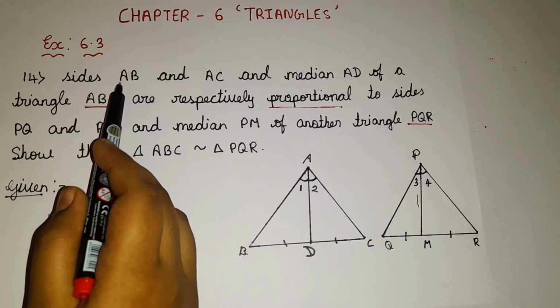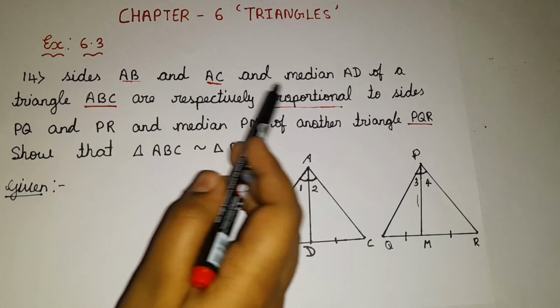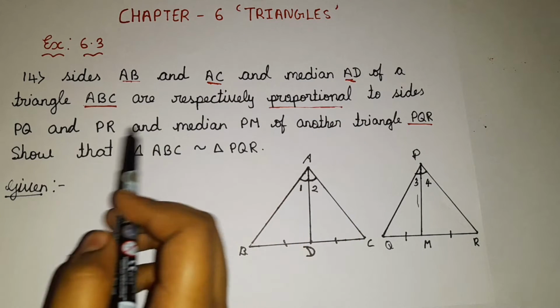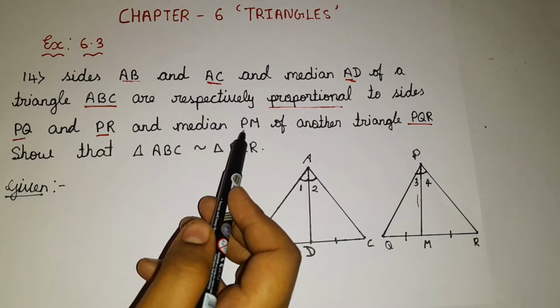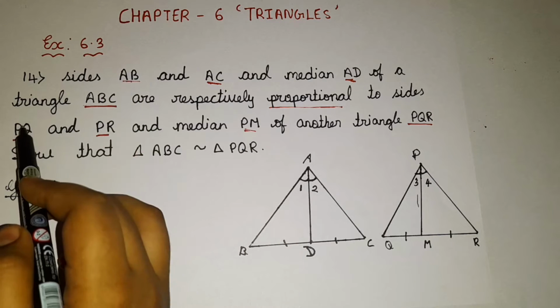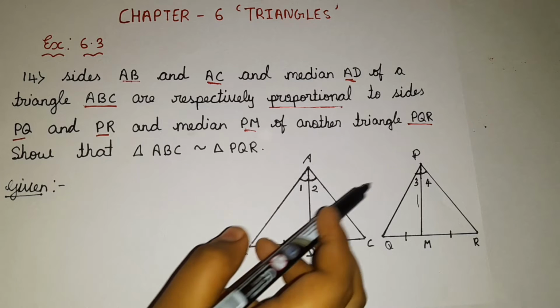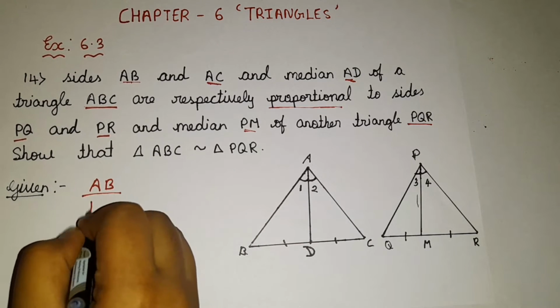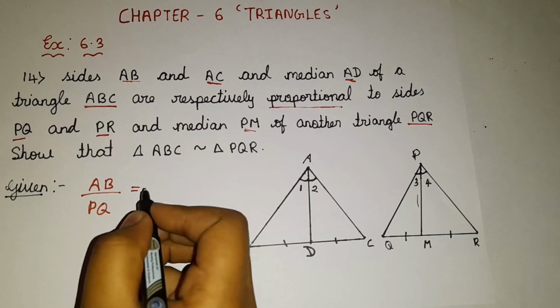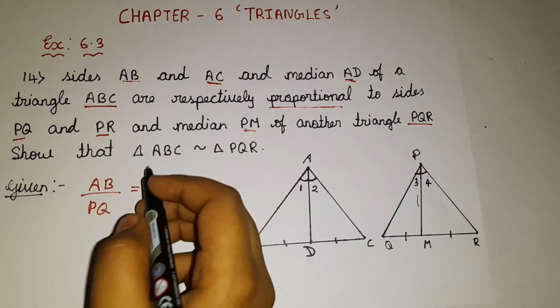Here first they mention AB, second AC, and third AD. For the other triangle they mentioned PQ first, PR second and PM third. Then I can write AB by PQ, because AB is proportional to PQ.